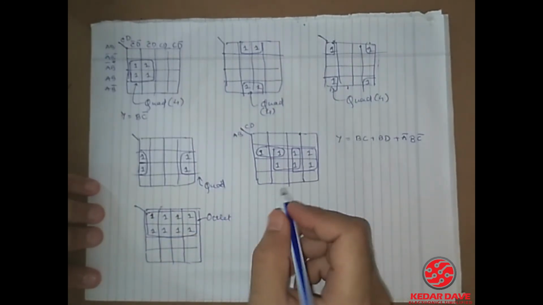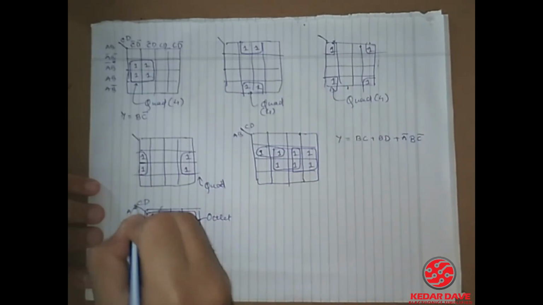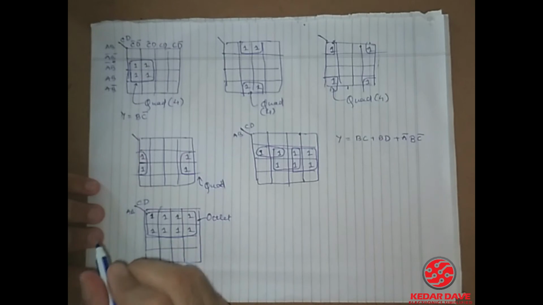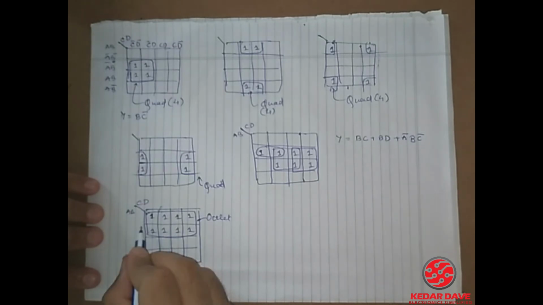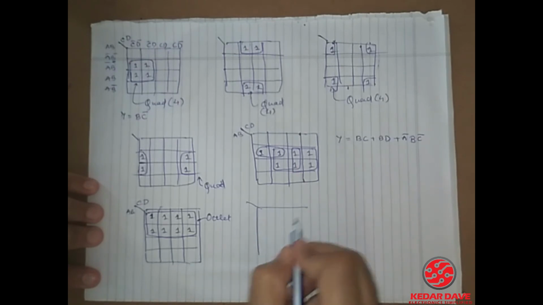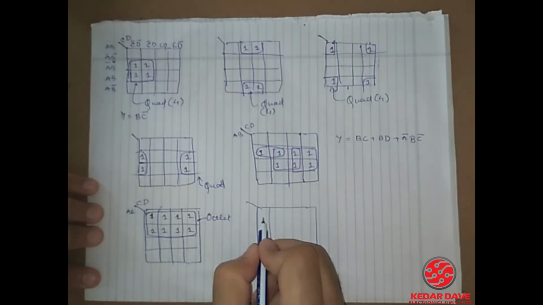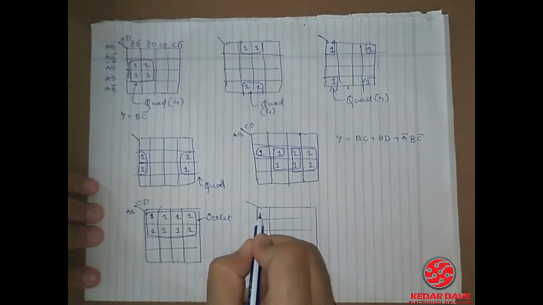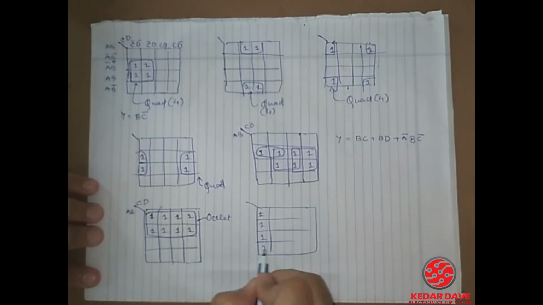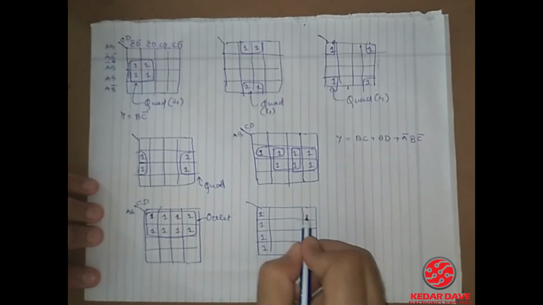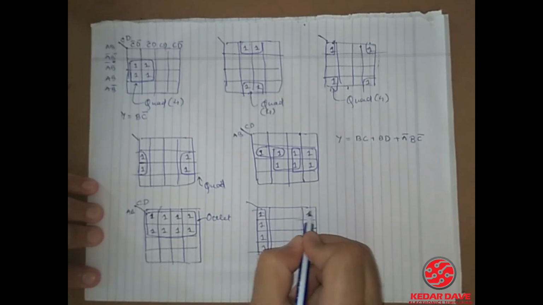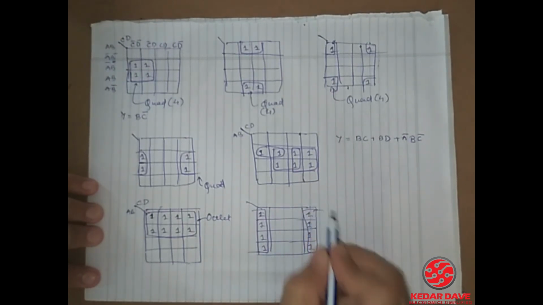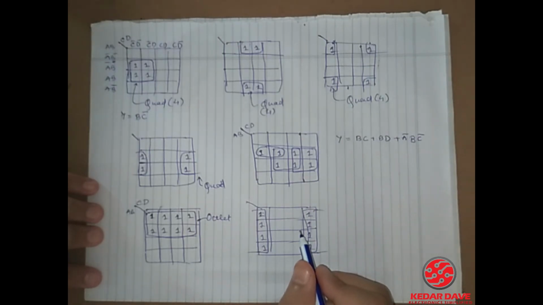There are some cases where they can ask you for this kind of case, then it can be shown like this way, or it can also be in the horizontal and vertical condition, or it can also be possible this way, that some ones are at this place and other ones are at this particular place. Then in this way also an octet can be formed, right? So this way the octet can be shown and paired.